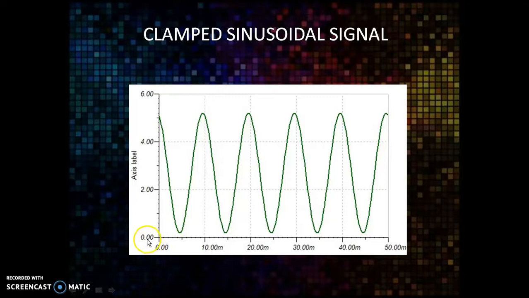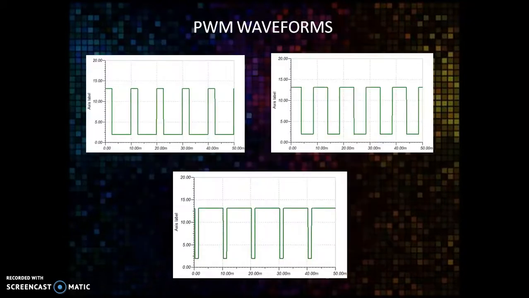And as you can see, there is no negative Y axis here, as the signal is clamped. And these are the different PWM waveforms which we got from the three different outputs of the op amp. As you can see, the first is around 20% duty cycle, this may be around 50%, and this 90% duty cycle. So these are the three different outputs which we will be giving to the three terminals of the RGB LED.